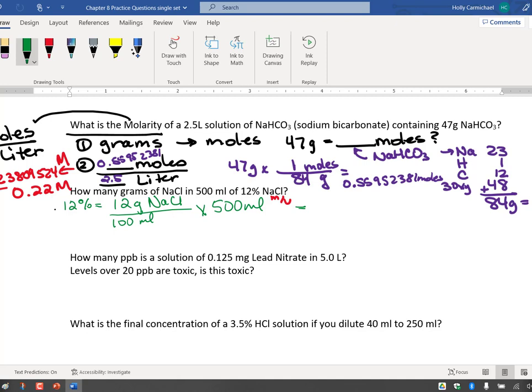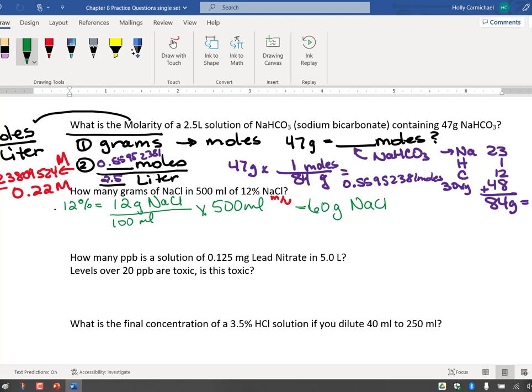So what would you get? 60. So there's 60 grams of sodium chloride in that solution. So percent, you don't have to worry about moles per liter, moles in grams and things like that.